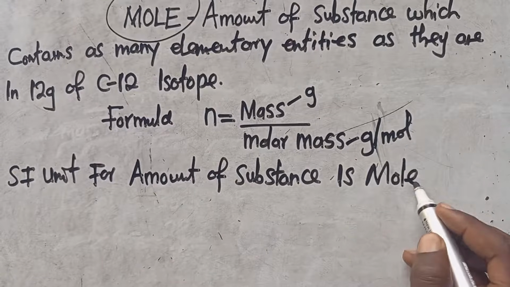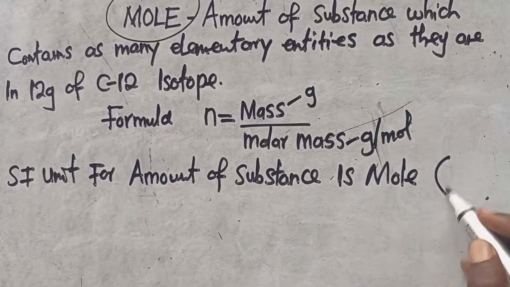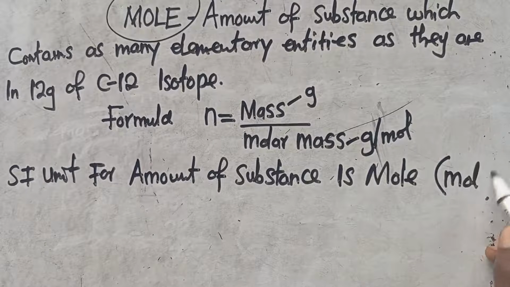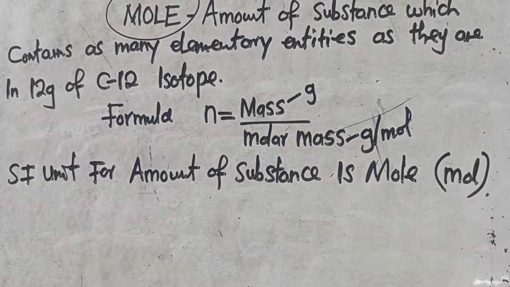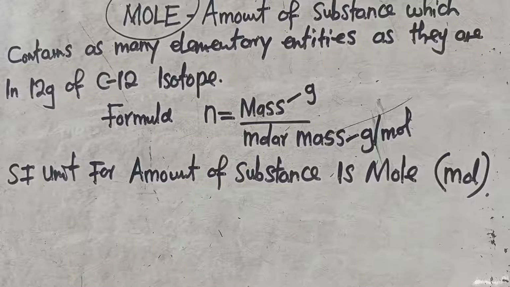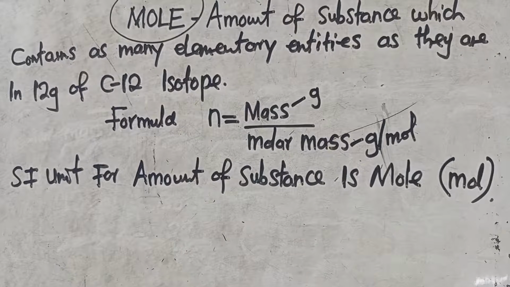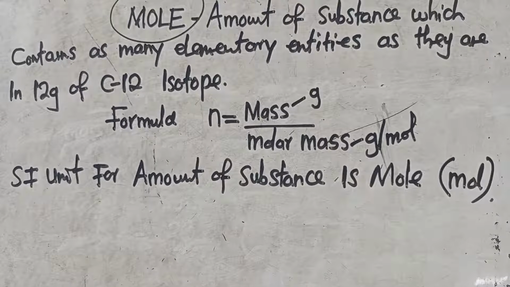This is the SI unit, a mole. This is one of the basic SI units that we have. We've got 7 basic SI units according to physics, and the amount of substance is one of the basic SI units that one needs to know and understand.